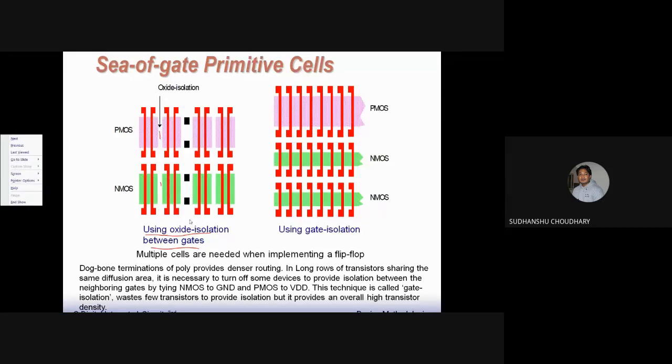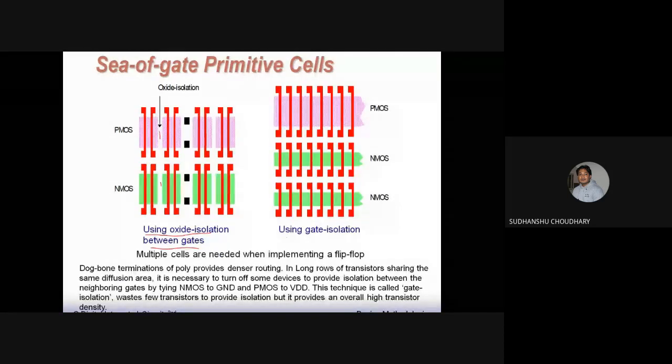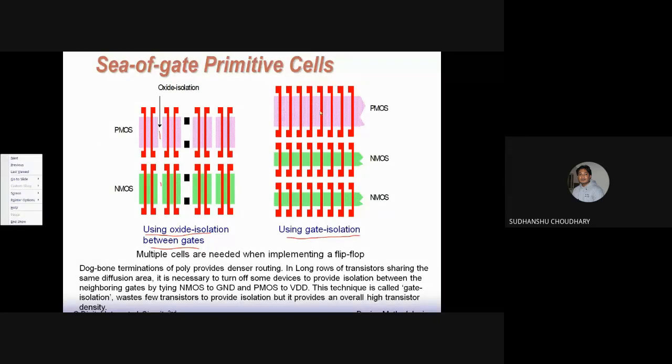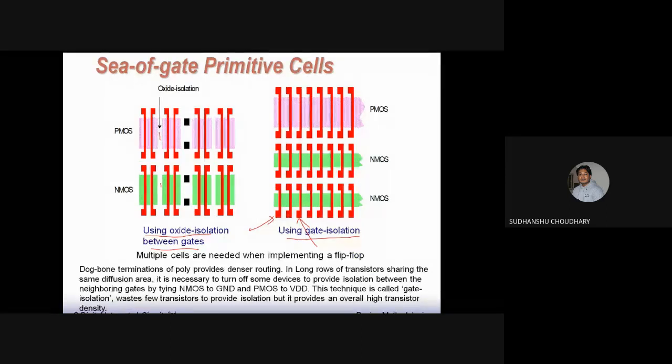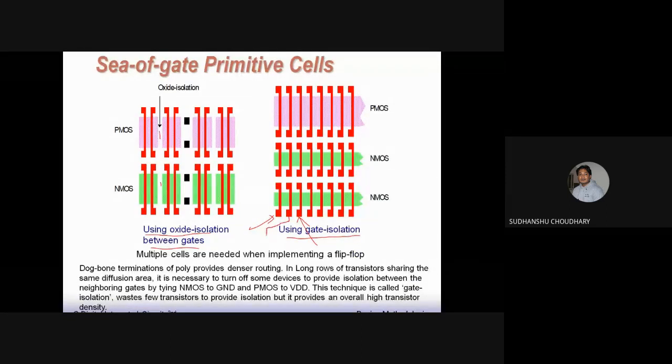Right? So similarly, one can also use another isolation which is called gate isolation. Okay? So again, you see here a PMOS transistor sharing the same diffusion region, and NMOS transistors also sharing the same diffusion region. Now, if I want to isolate, let us say, this transistor from this transistor, since this is an NMOS, I'll connect the gate of this NMOS to 0 or ground.